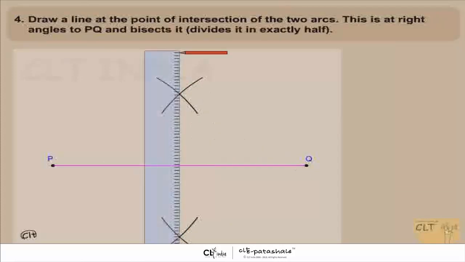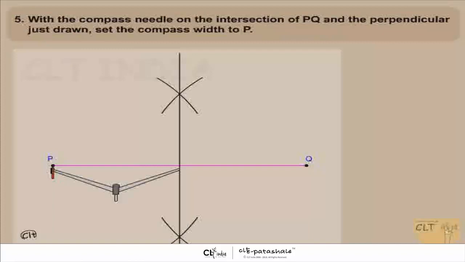Draw a line at the point of intersection of the two arcs. This is at right angles to PQ and bisects it, that is, it divides it exactly in half.